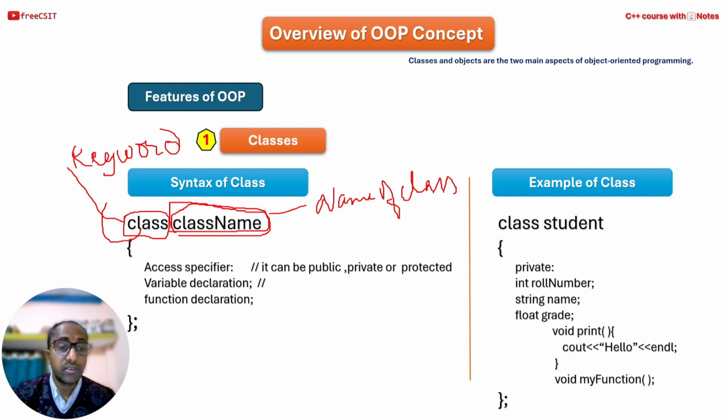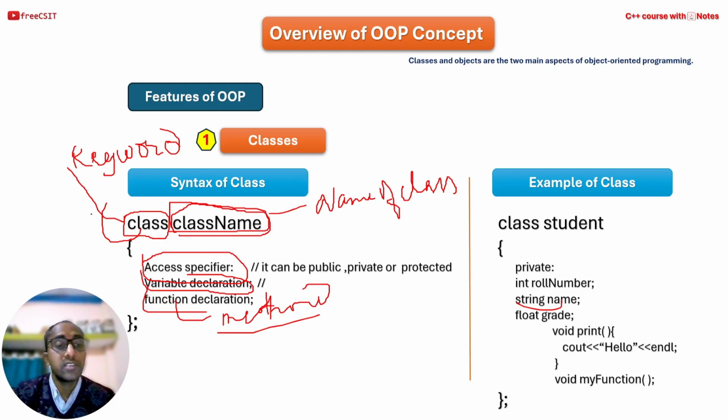You can declare access specifiers, variables, and functions, which you can say are methods, here. And after the curly braces, the class will be terminated with a semicolon.